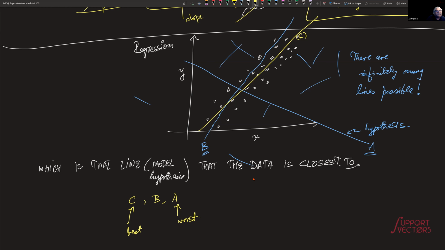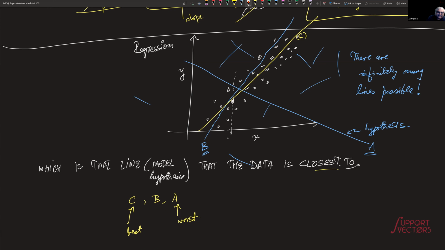Now we'll quantify that. What does it mean to say that the data is closest to? One way that you quantify that is by saying, let's look at any one of these. At any given value of X, let's say I'm looking at this value of X, what is the data?